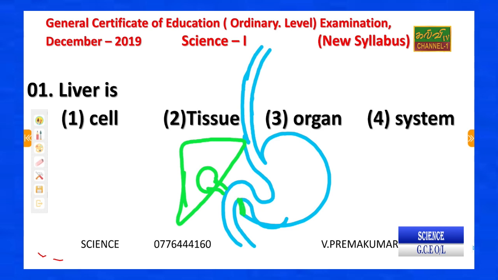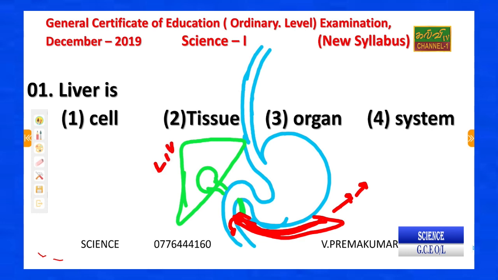The bile duct comes here, and there is another organ, a special endocrine organ called the pancreas. This pancreas also secretes pancreatic juice for digestion, and it produces another hormone, insulin, which it sends to the blood. Anyway, liver.